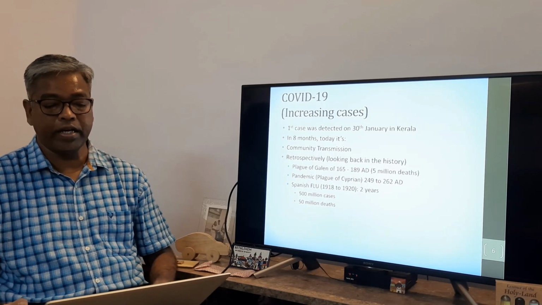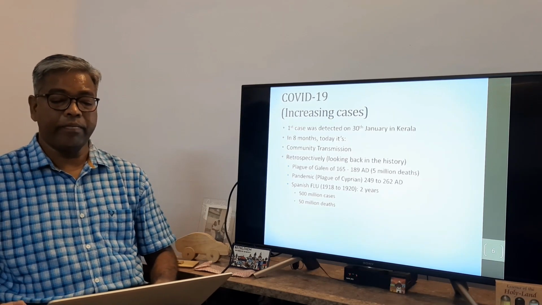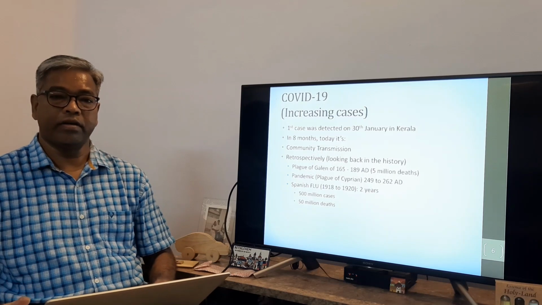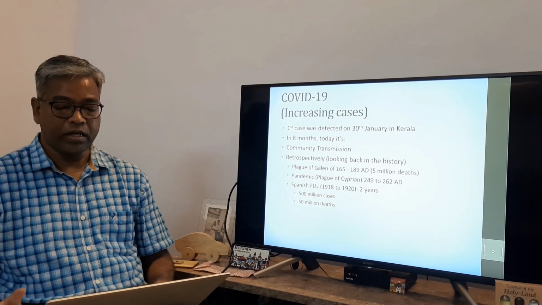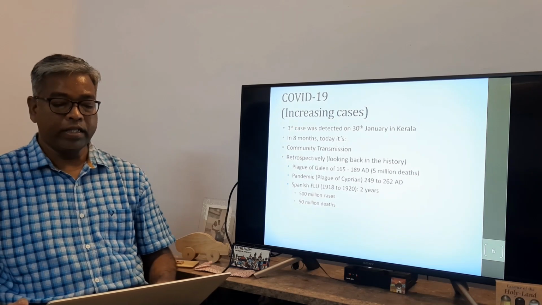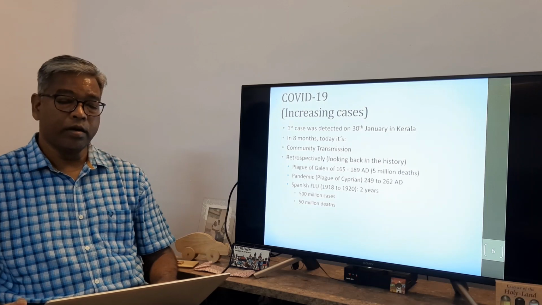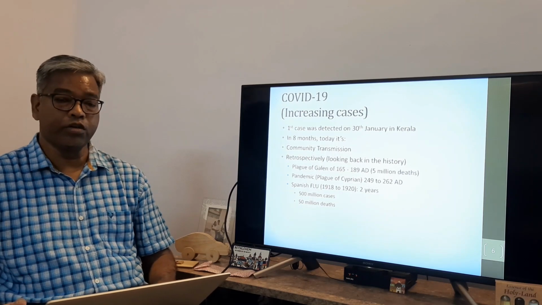In that period, about 5 million deaths happened. 5 million means 50 lakh deaths. And each day in Rome, about 2,000 people were dying.